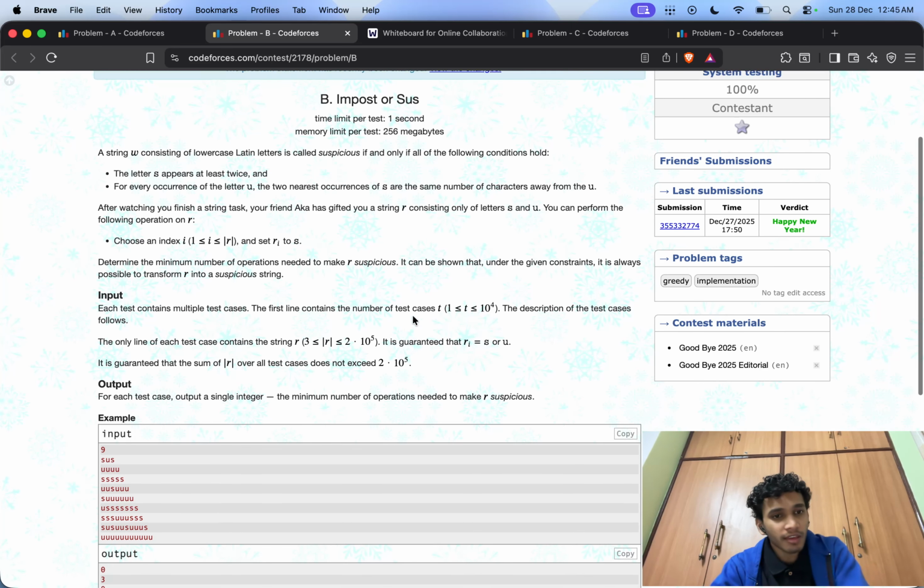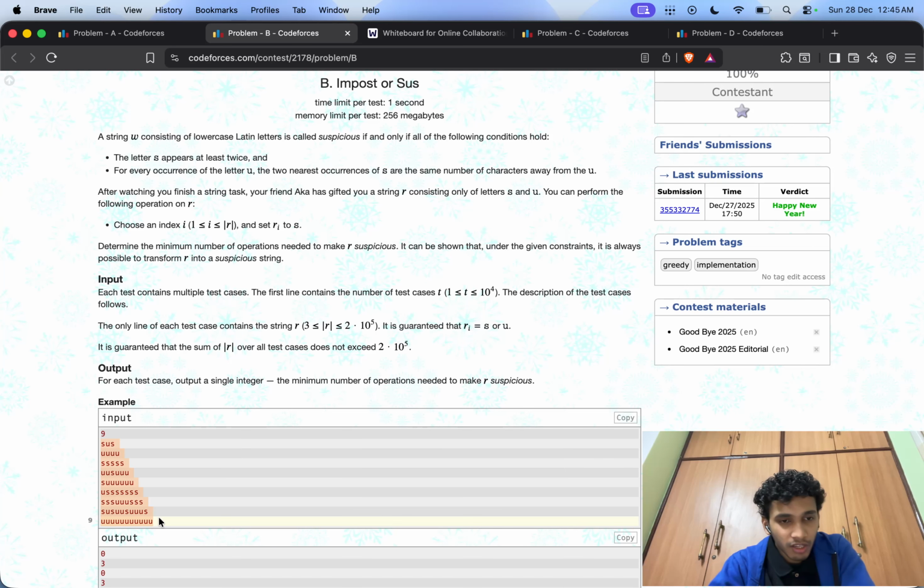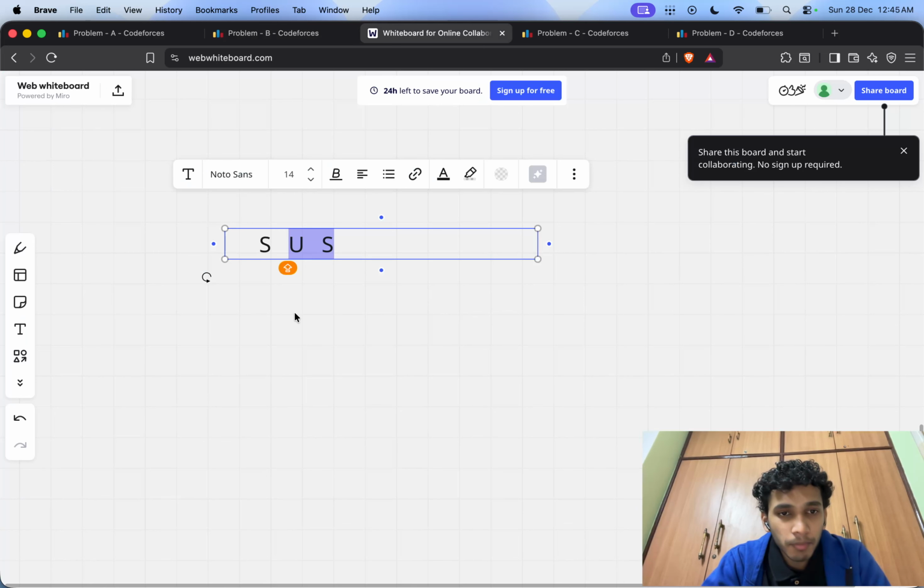What is our task? We are given some strings and we can replace a U with S by applying one operation. Now we want to make our string suspicious with the minimum possible number of operations.